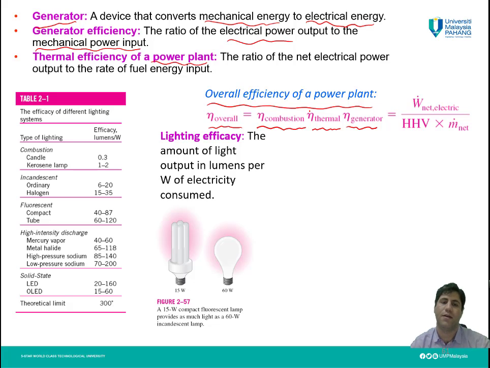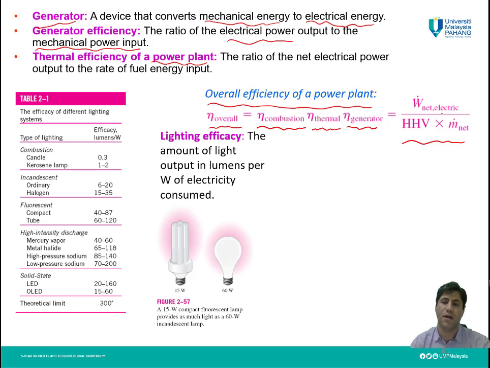Then the total or overall efficiency of a typical power plant can be calculated by this equation: W dot net electrical power divided by the higher heating value of the fuel used in that power plant and the mass flow rate of the fuel used in that power plant.